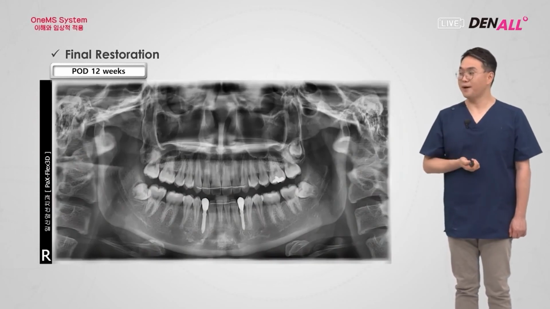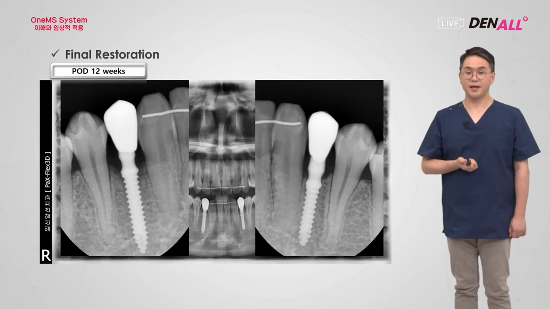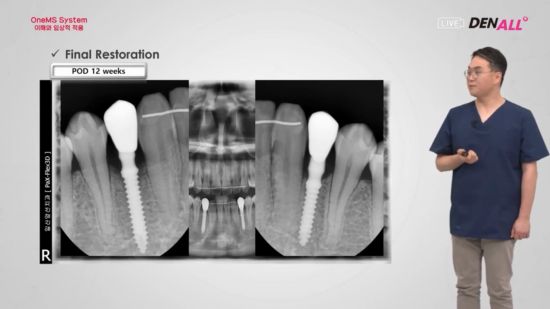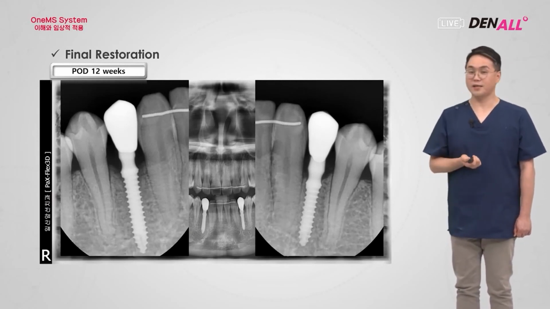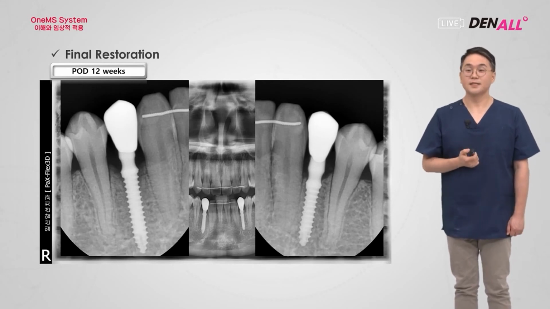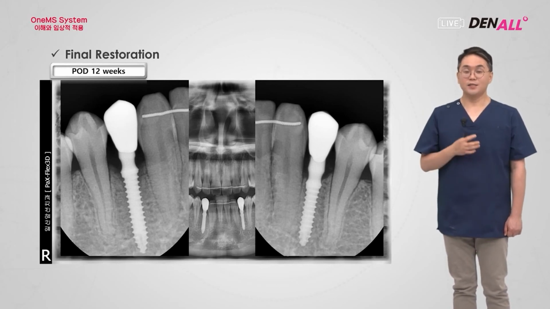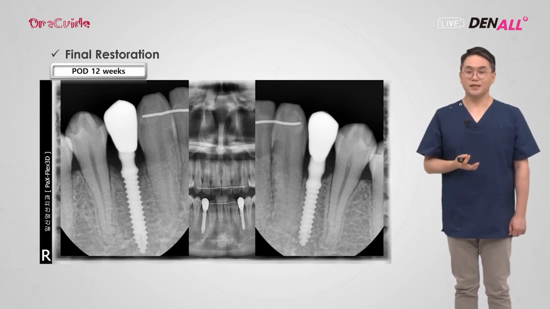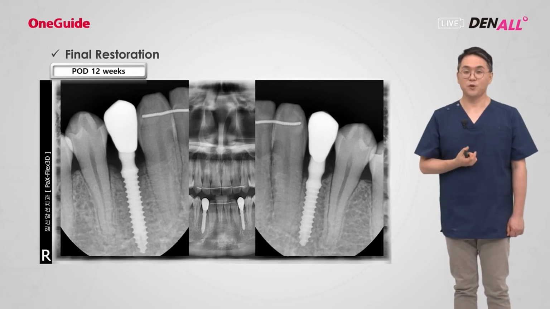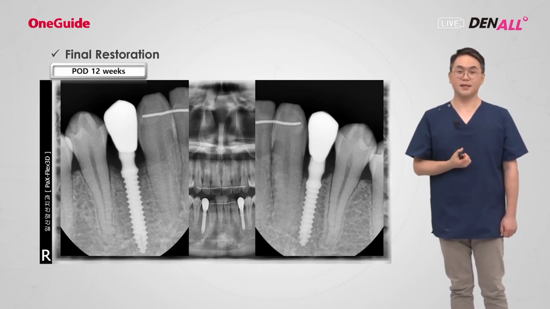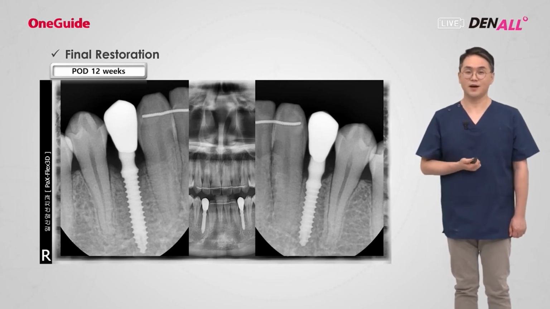After final restoration, the panorama and PA pictures show it's healing nicely without much bone resorption. So I showed you on the upper and lower anterior part how to do guide surgery with actual cases, and we looked at the OneMS Kit and how to treat a single missing tooth on the lower anterior side, and how the implant can be placed easily.